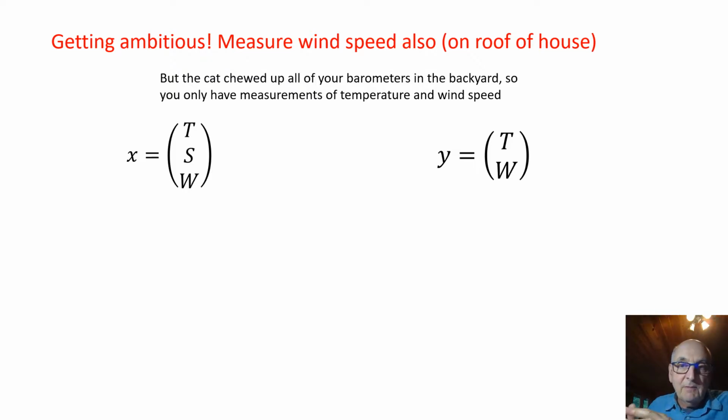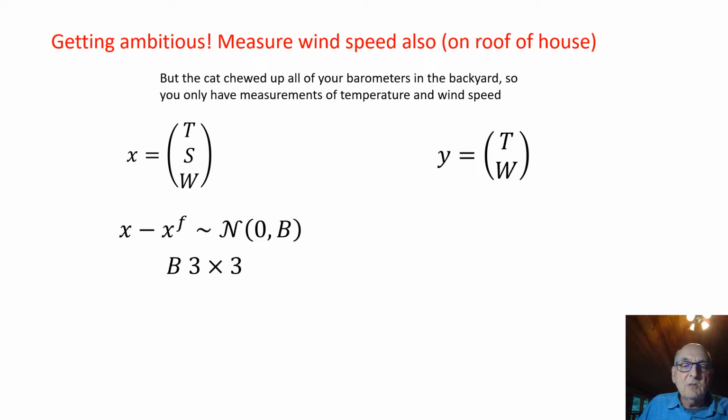But presumably the whole system is somehow related in some mysterious way, and so the humidity is probably related to the temperature and the wind speed and so on. So it's not like you're looking at variables that are completely independent here. But this does mean that the dimension of our observation space is now different from the dimension of our state space.